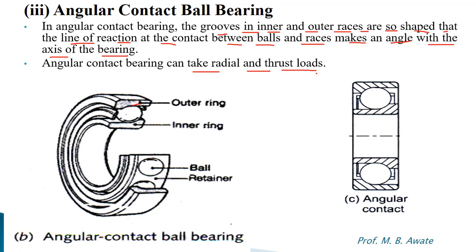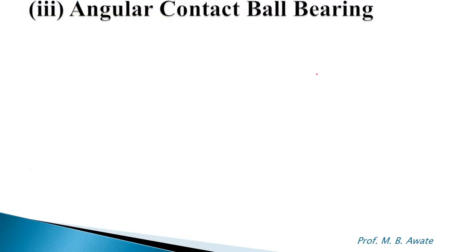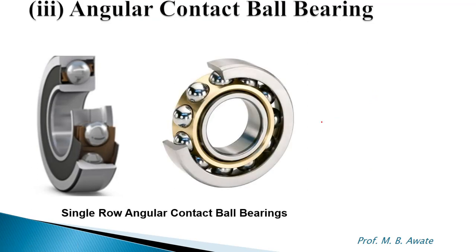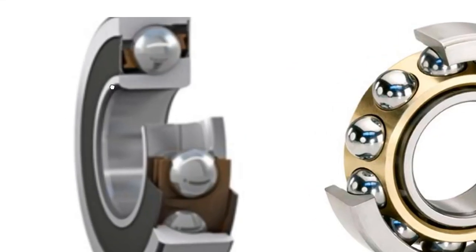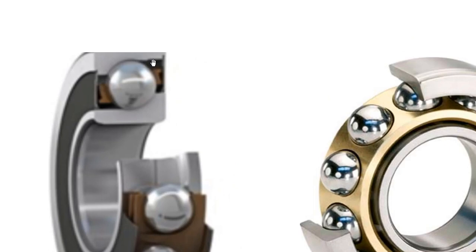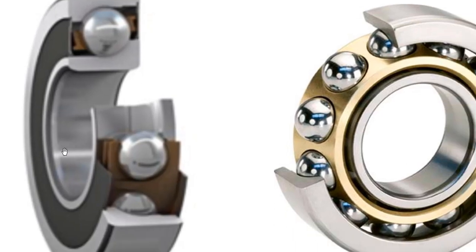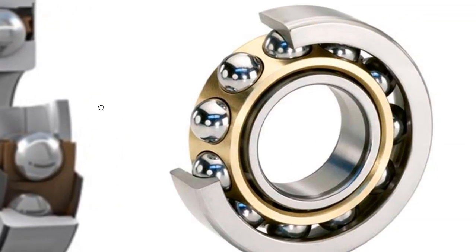We will see the figures of now angular contact ball bearing. Okay, I will show you. See here, this is one more figure. This is a single row angular contact ball bearing, and if you will observe the profile here, see here, the grooves are shaped in such a way that the line of reaction makes some angle with respect to axis of the shaft or bearing.